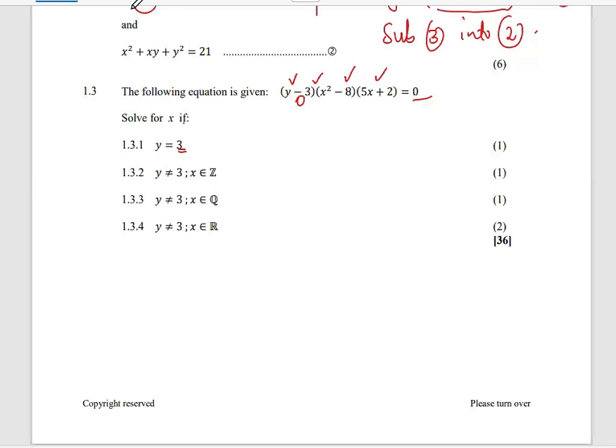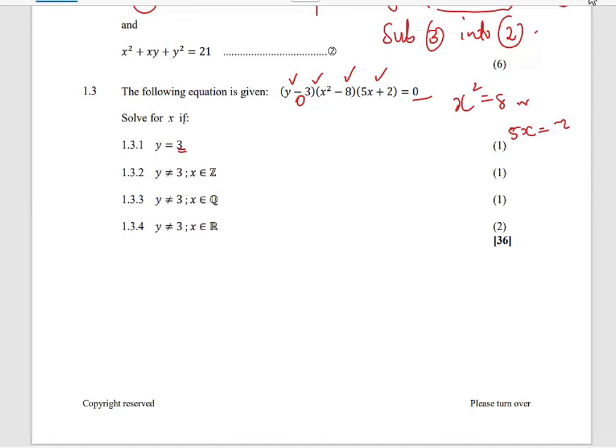Okay. So if that whole thing is a 0, what does that mean? So if y is a 0, meaning that solving this, you'll have x squared is equal to 8, or 5x is equal to negative 2, then you can get the values of x.